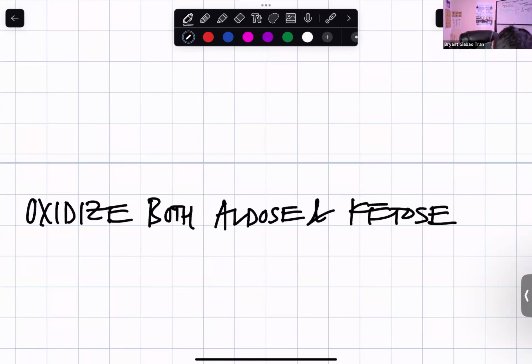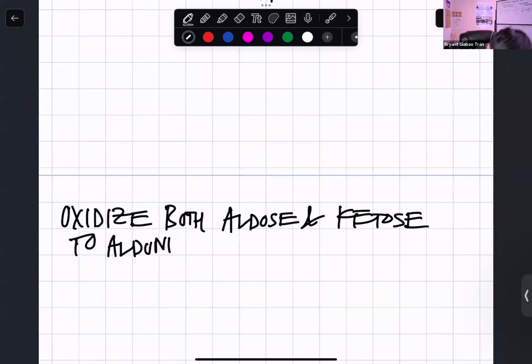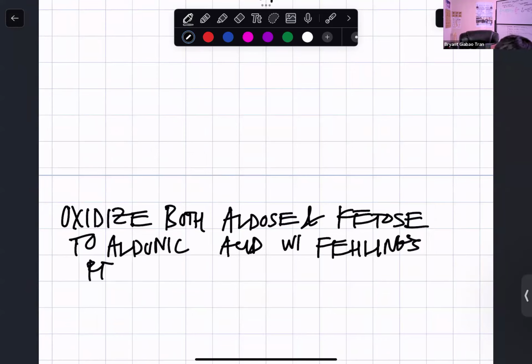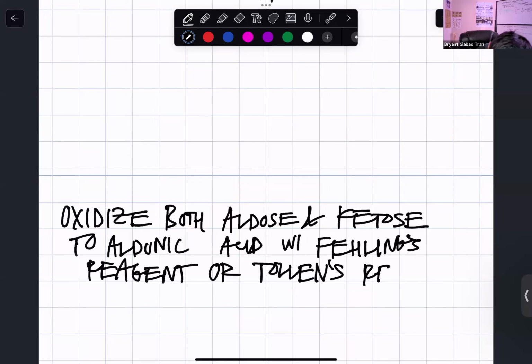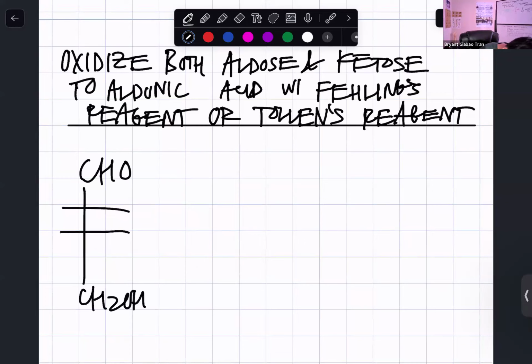So what that means is that let's say I have it with Fehling's reagent, or Tollens' reagent. So let's say that we have this D-glucose, my favorite sugar. 2, 3, 4.